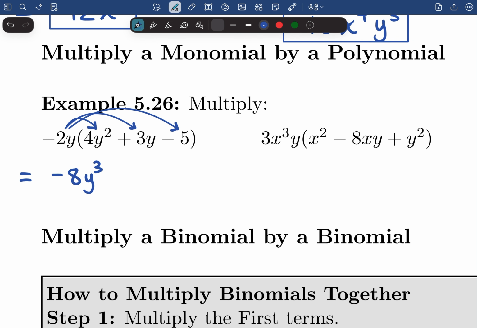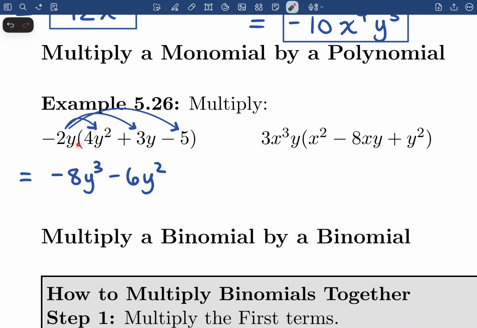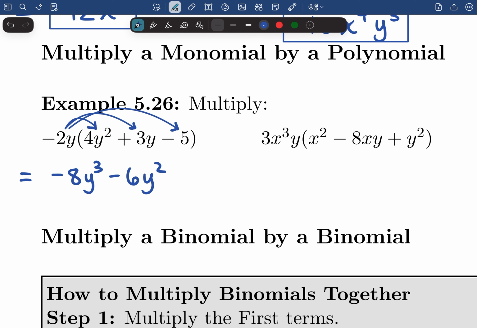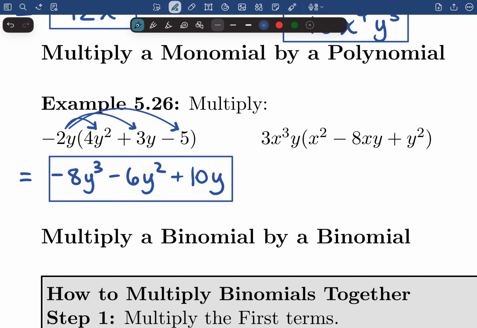Well, negative 2 times 3 is negative 6, and y times y is y squared. And now I'm going to distribute negative 2y and multiply it with negative 5. And negative 2 times negative 5 is positive 10. And then I still have that y. Okay, so I have now multiplied a monomial by a trinomial, and I got this result when I did it.